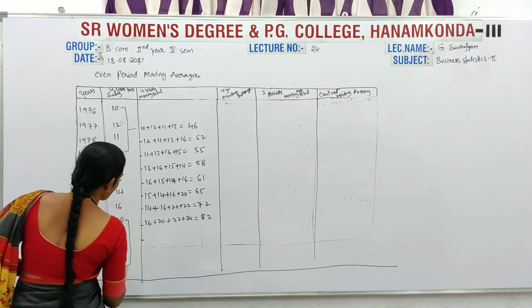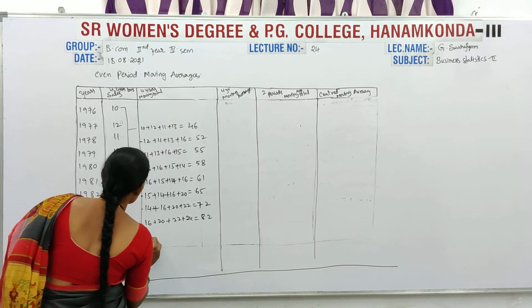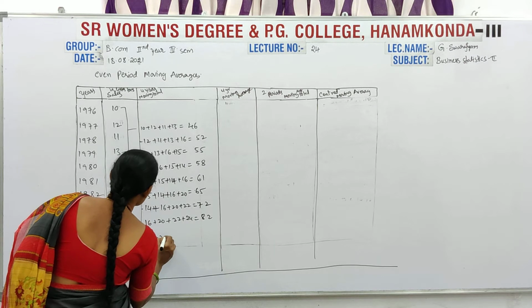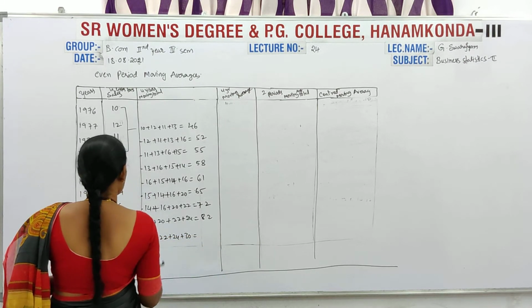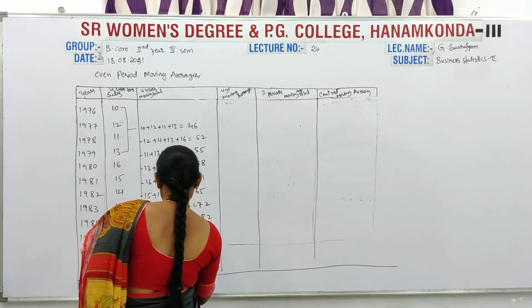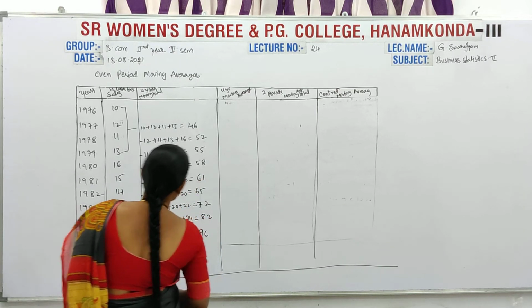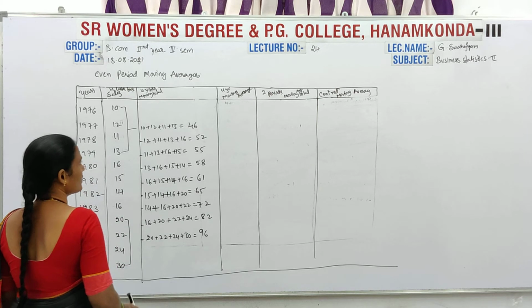Last 4 years, okay, we have to write here 20 plus 22 plus 24 plus 30: 80, 90, 96. Okay, this is the last 4 years data.